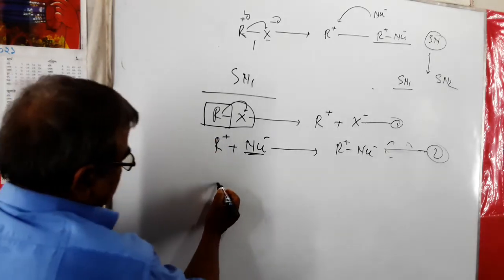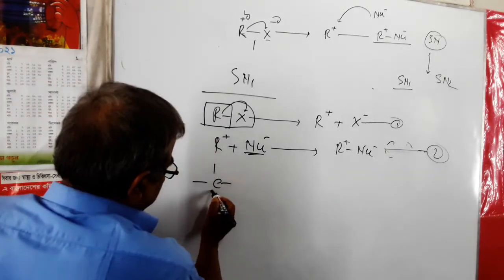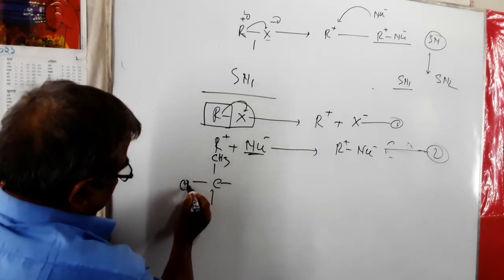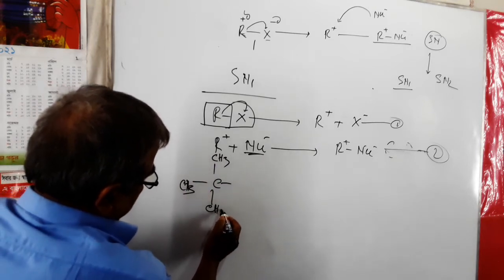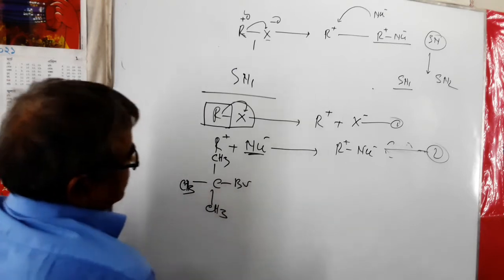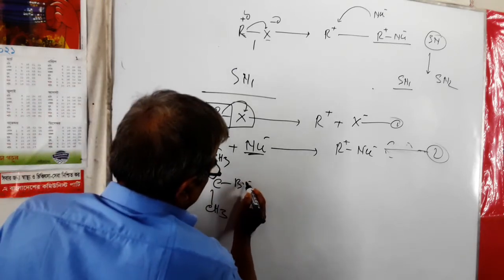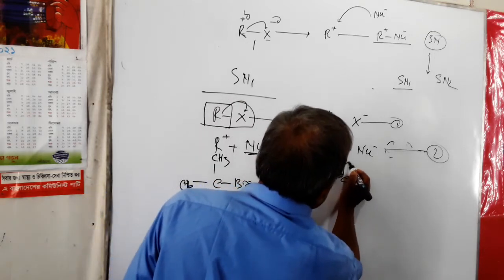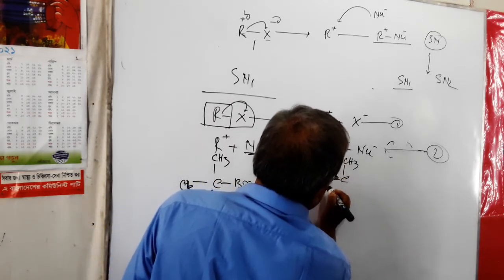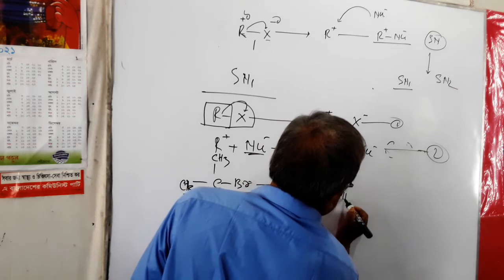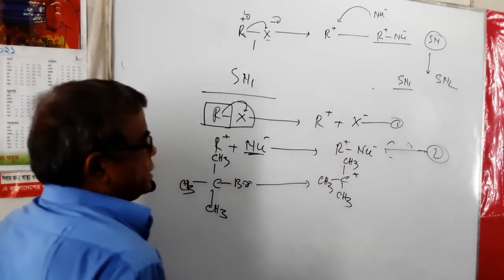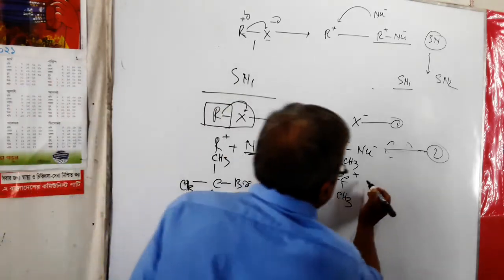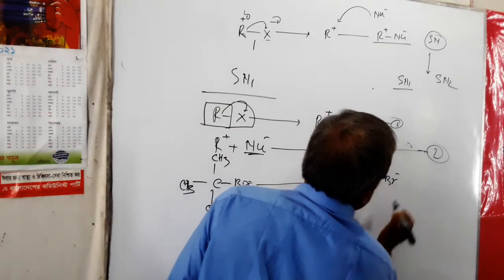As for example, let us consider the four-carbon compound, tertiary butyl bromide. At first it will be converted into a tertiary carbocation, and bromine is released as bromide.